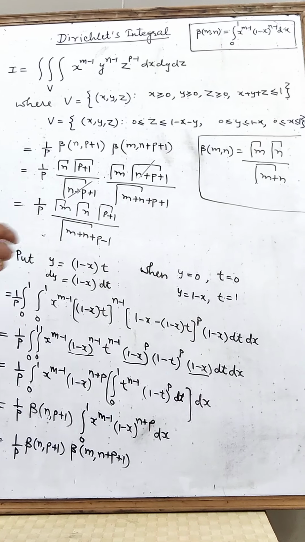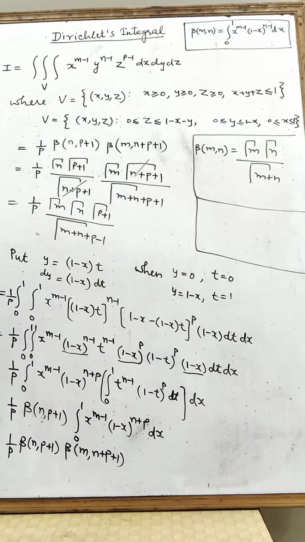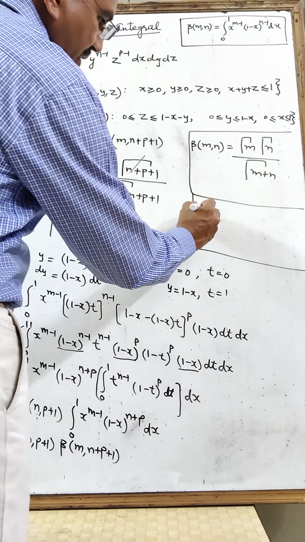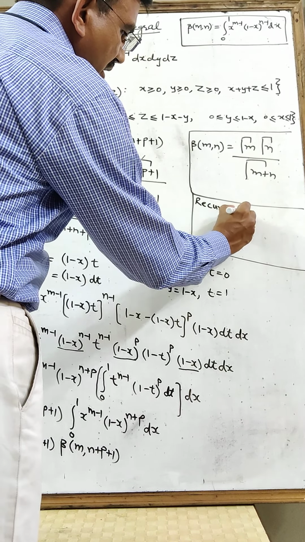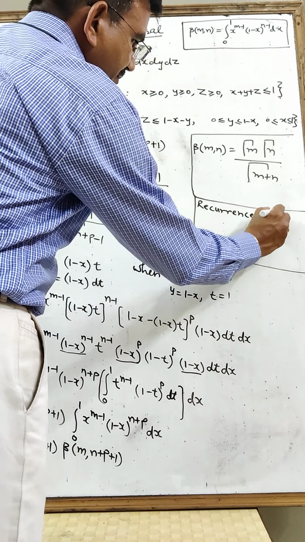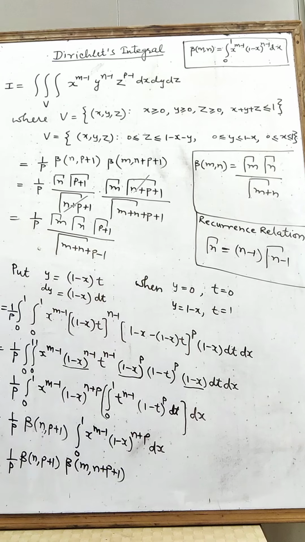Now again students, when we studied beta and gamma function, we have studied the recurrence relation for gamma function, and what was it? It was gamma of n is equal to (n minus 1) gamma of n minus 1.